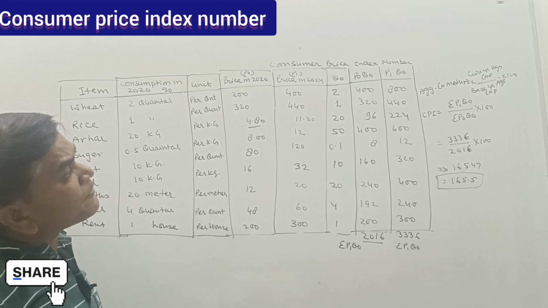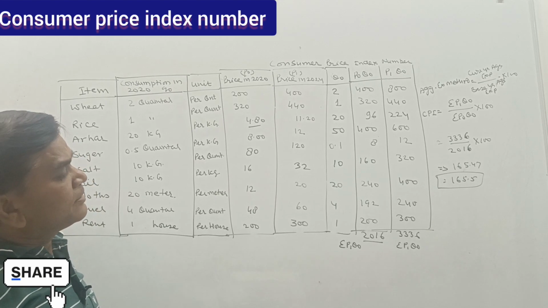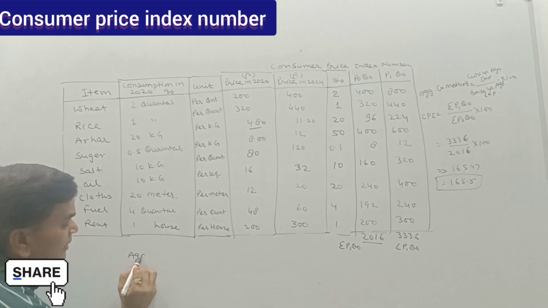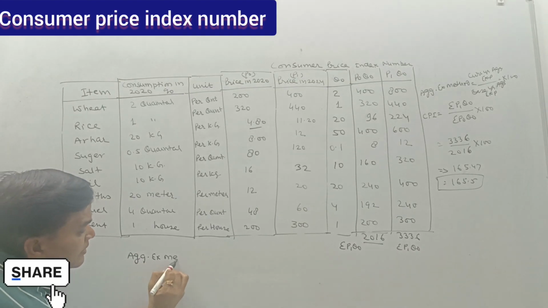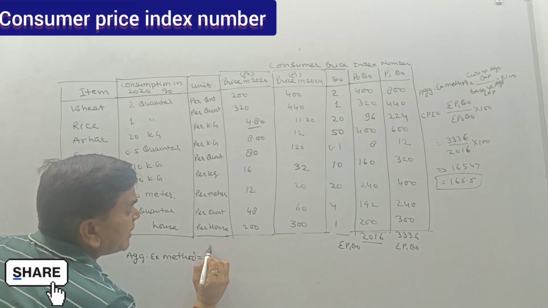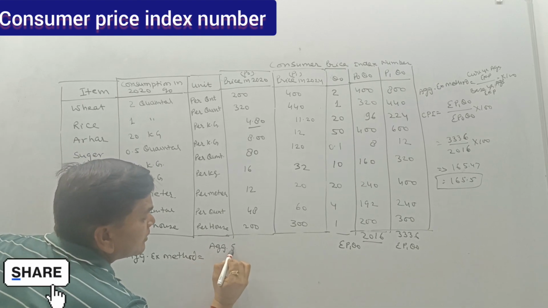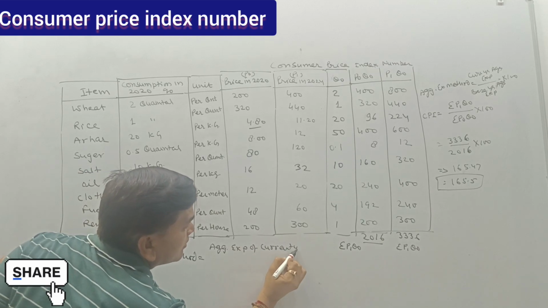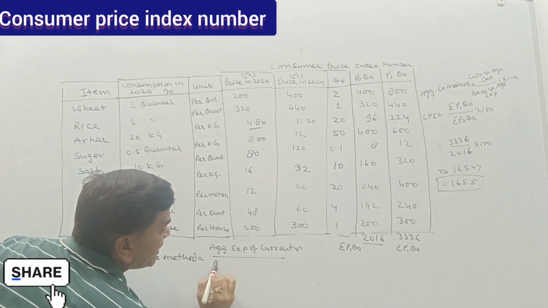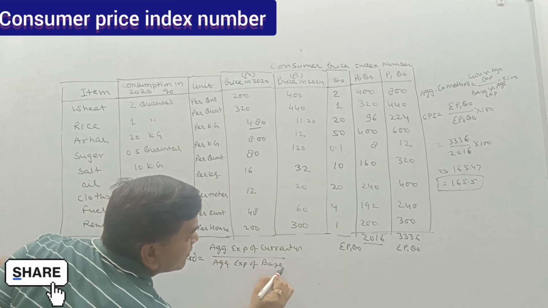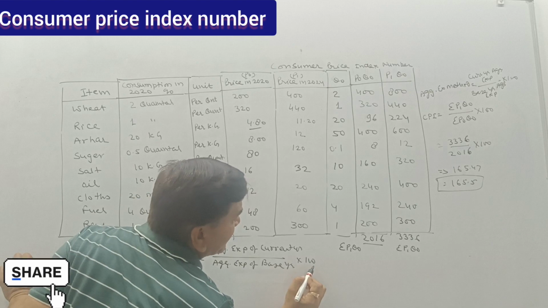If we use the family budget method, first see the aggregate expenditure method: aggregate expenditure of current year divided by aggregate expenditure of base year, multiplied by 100.